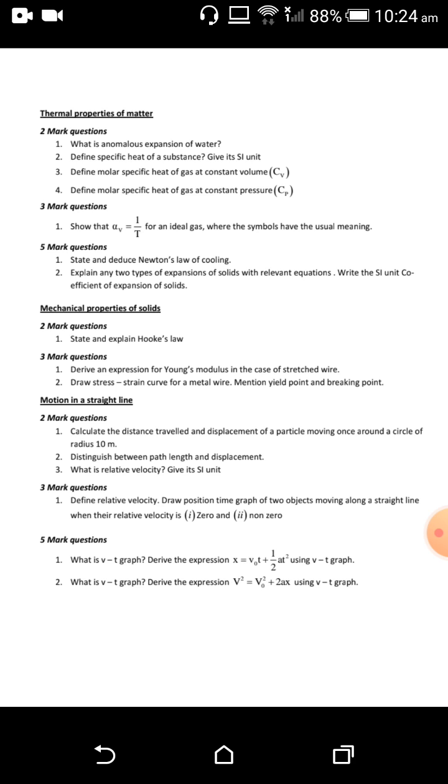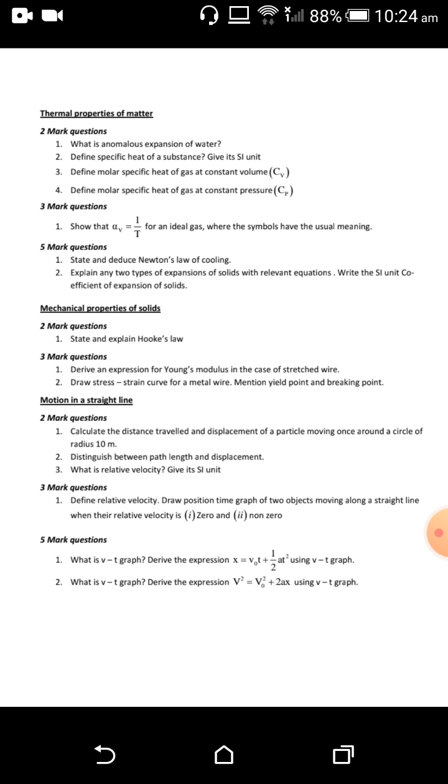Next, coming to the 3 mark questions in this chapter, you have: derive an expression for Young's modulus in the case of a stretched wire. The answer for this question is not there in the notes, but we have discussed it in the class. So don't worry.